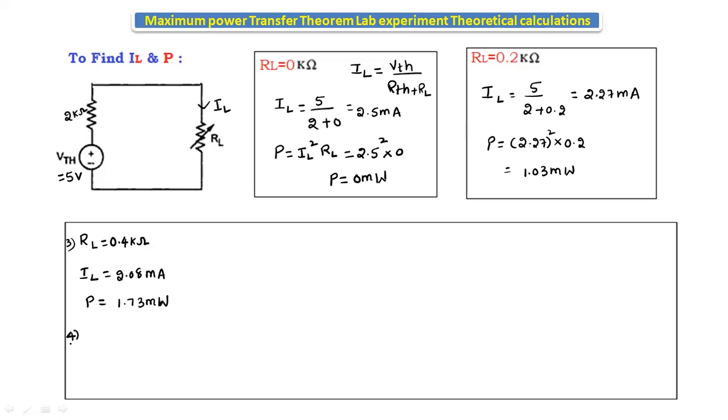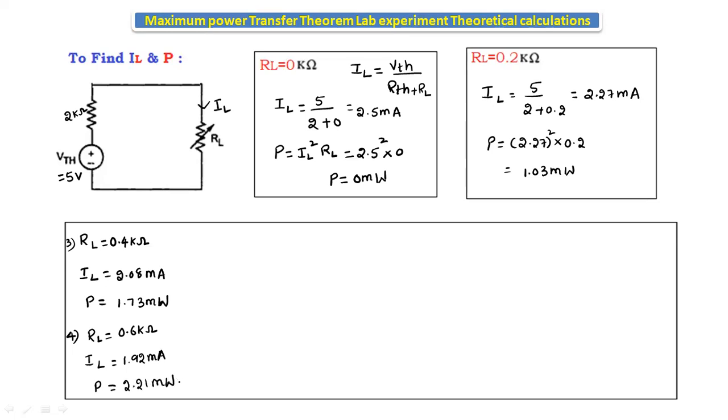For the fourth value, I am taking RL is equal to 0.6 kilo ohm. For this 0.6 kilo ohm, we will get IL is equal to 1.92 milliamps. If we calculate the power, we will get 2.21 milliwatts.